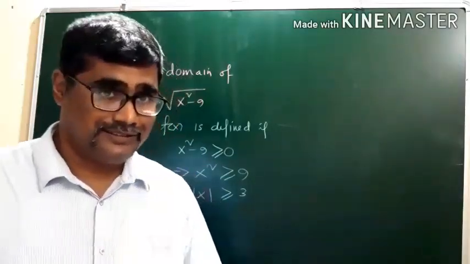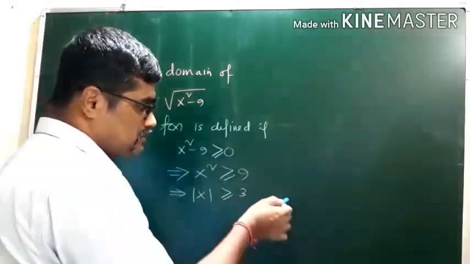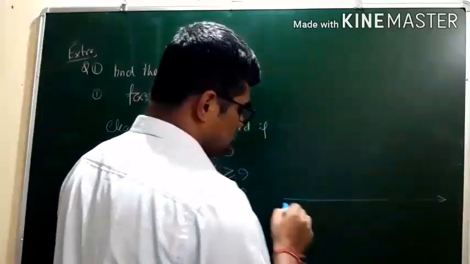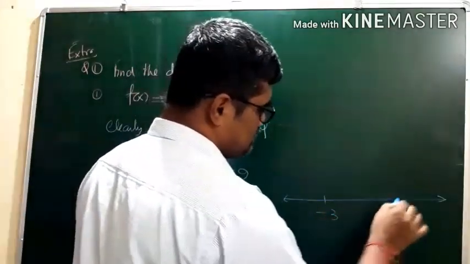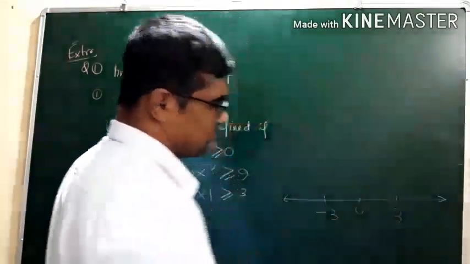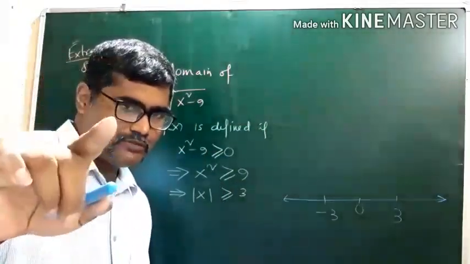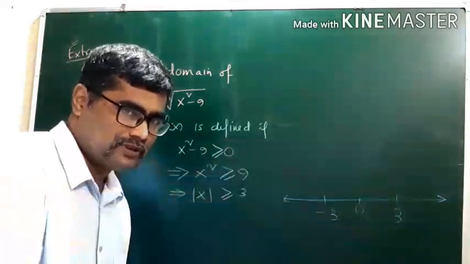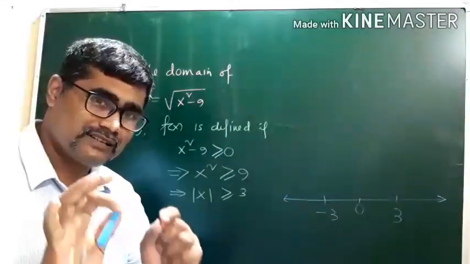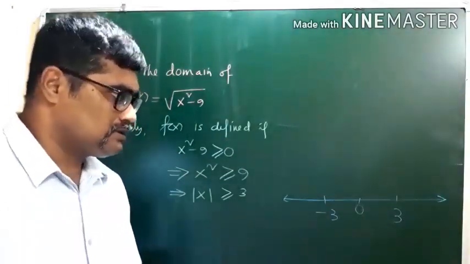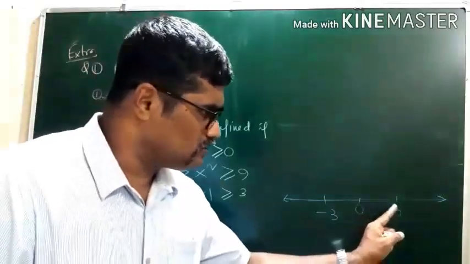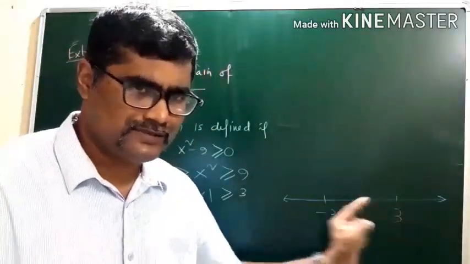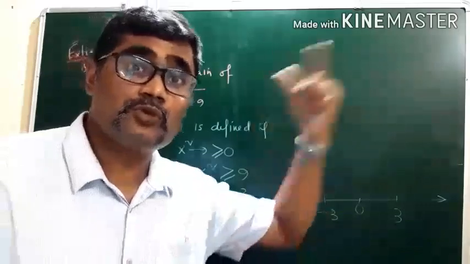Now you see, again I am giving you a very good number line here. 0 is here. Your number's modulus should be greater than or equal to 3. Any number from 0 to 3 will always be less than 3, so will its modulus be more than 3?